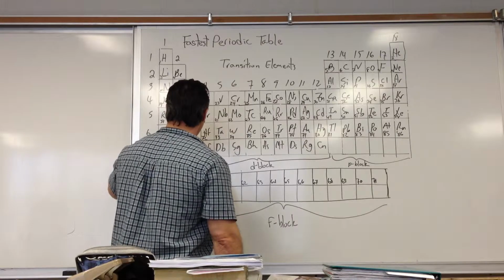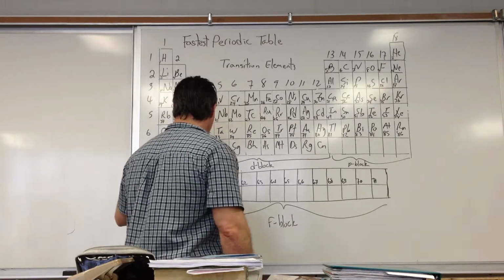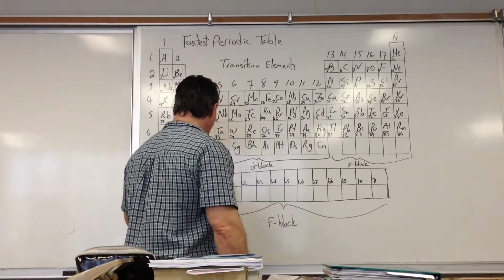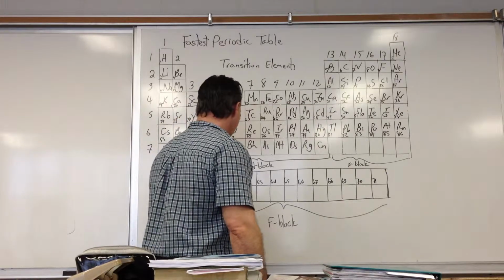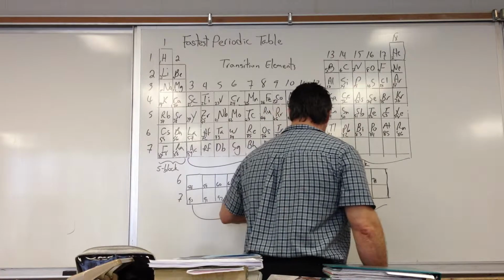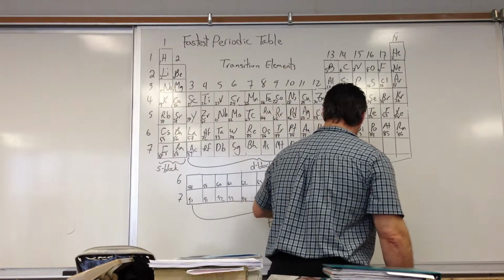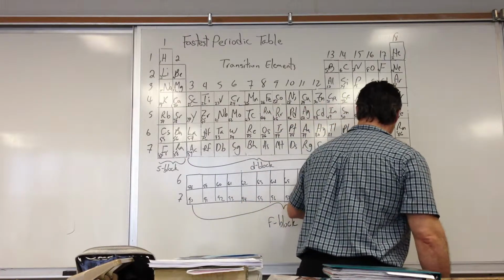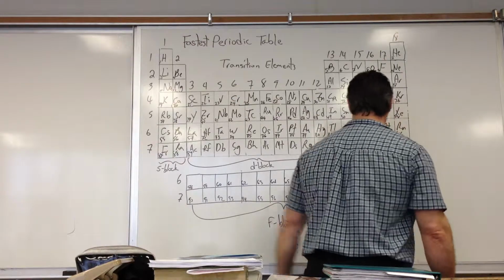88 for radium, 89 for actinium, then it goes to 90 down here. 91, 92, 93, 94, 95, 96, 97, 98, 99, 100, 101, 102, 103 protons for that element.